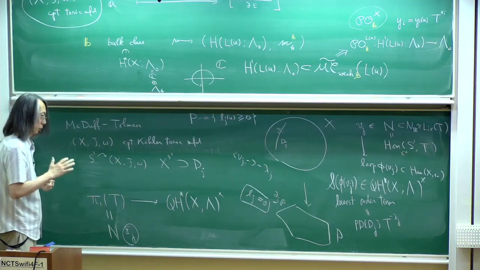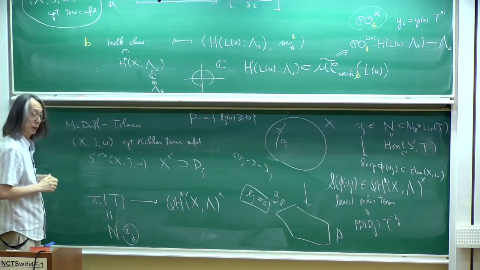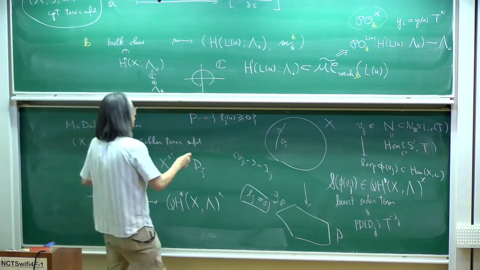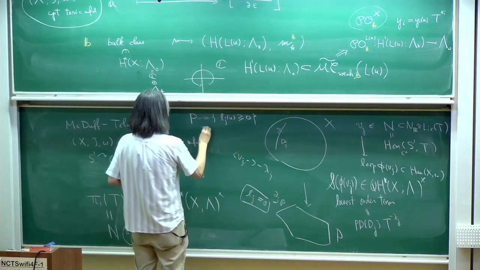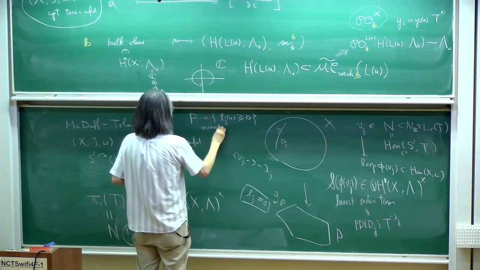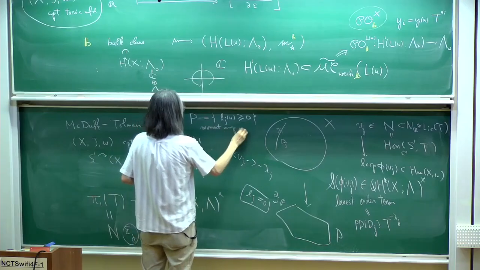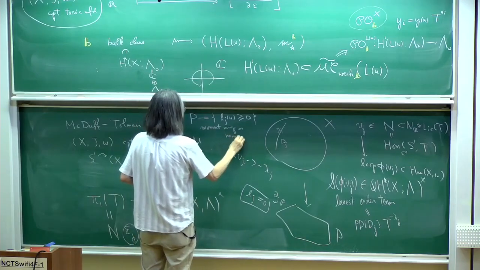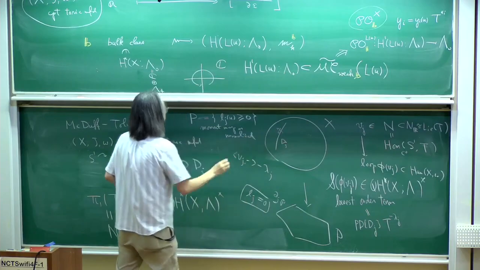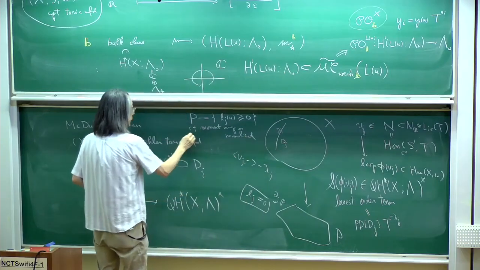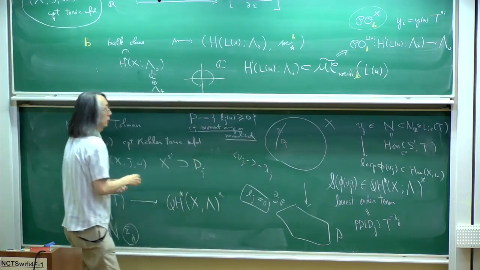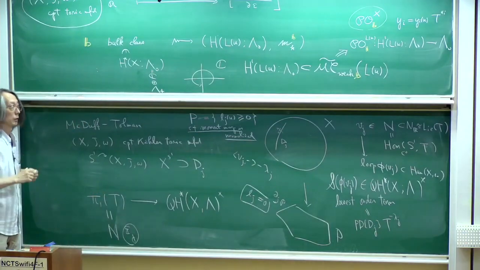Namely, all the components of the moment map are normalized. Okay, so that the moment map is normalized. This is actually the same as the barycenter being the origin, I think.